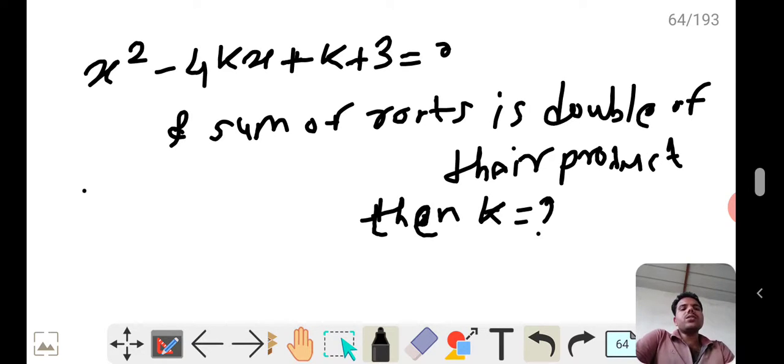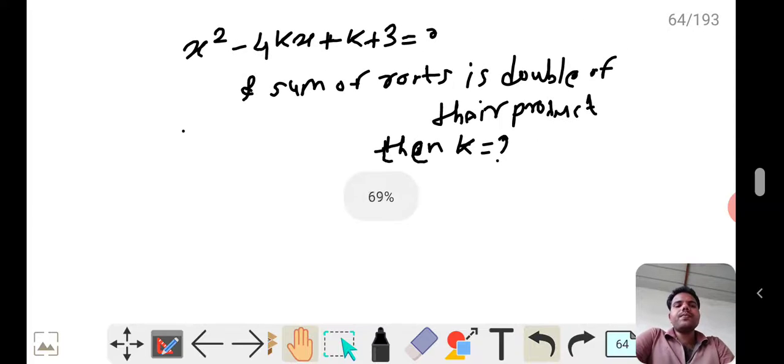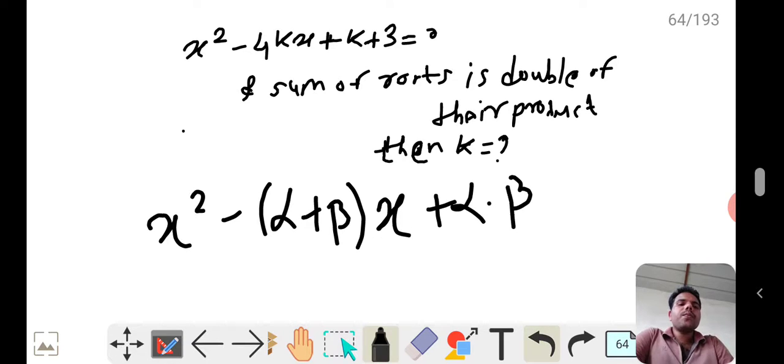We know that we can write the quadratic equation from the roots as x square minus the sum of the roots times x plus the product of the roots is equal to 0.